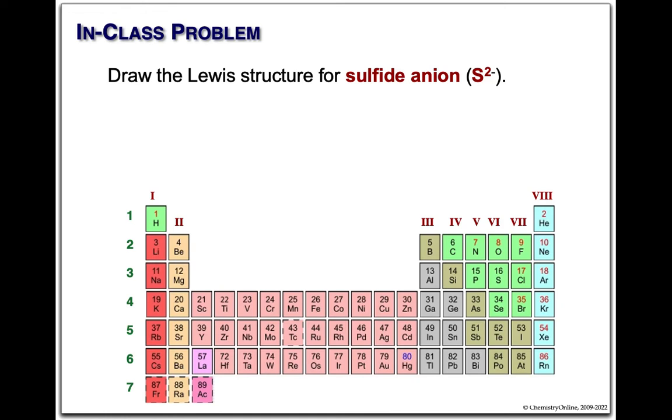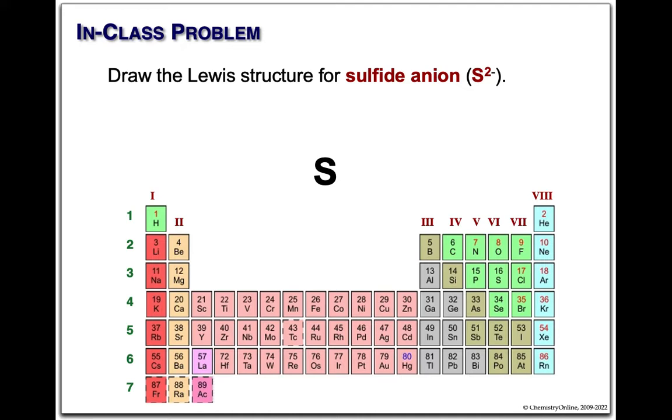Sulfide dianion. Sulfur forms an anion, negative, with a charge of -2. We find sulfur in our periodic table. It's here in group 6. That means we're going to have 6 valence electrons, right?